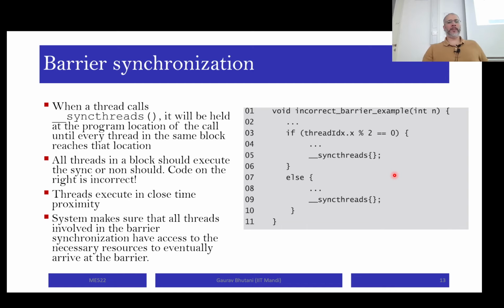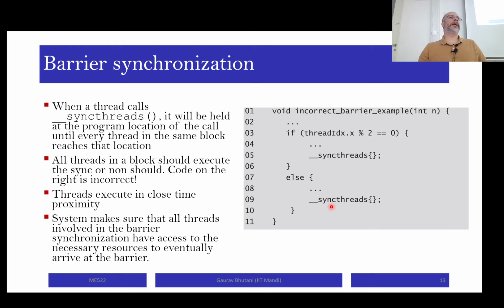So this is a code with an example of a barrier. This is incorrect code, but it tells us something. This __syncthreads is basically a barrier. So this is saying if thread ID is even, then you do this, if it is odd you do this.